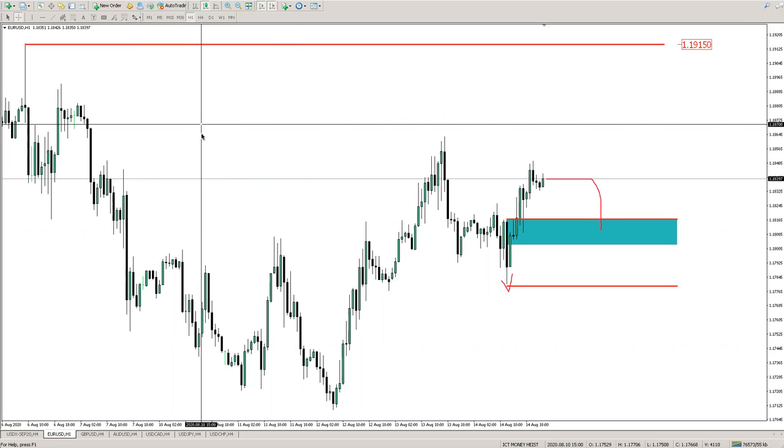We expect as soon as the market opens to come down, trade this bullish block and then find support or stop buying, targeting 119.15.